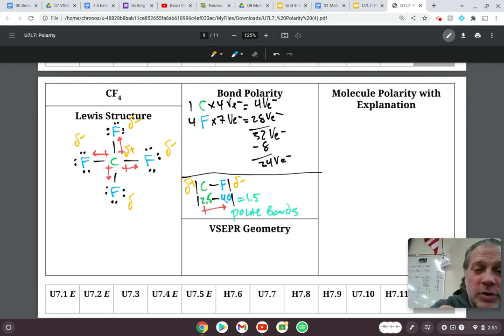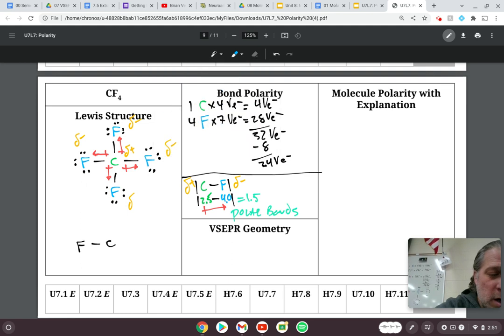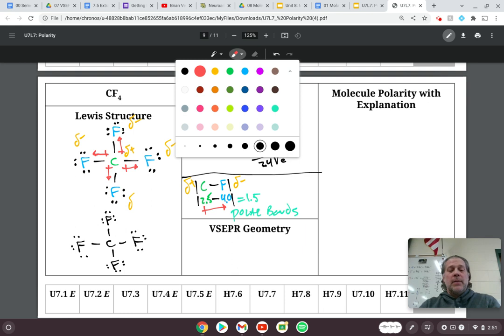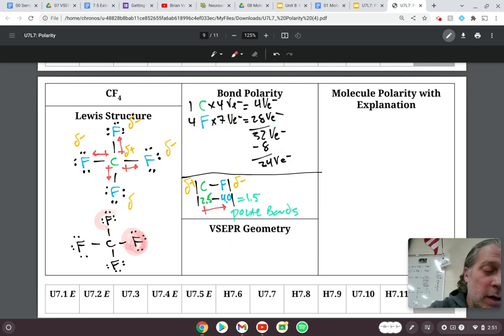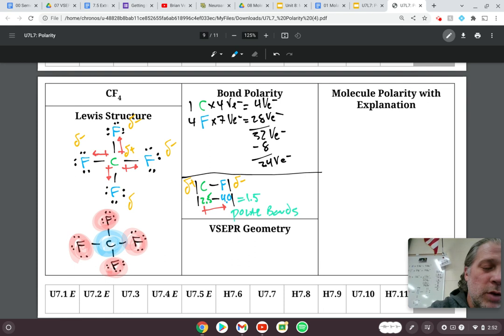So the next thing I'm going to do is I'm going to try to clean this up a little bit and do some shading. So I'm going to have fluorine, carbon, fluorine. And then I'm going to shade the areas where the electrons are being pulled towards red. So I'm going to have some fluorines that are red, and I'm going to have some carbon that is just blue like this.